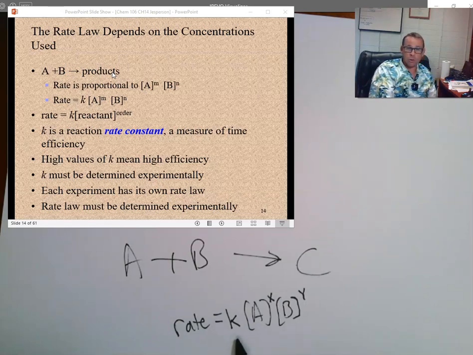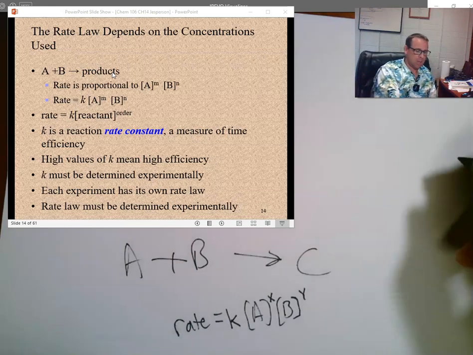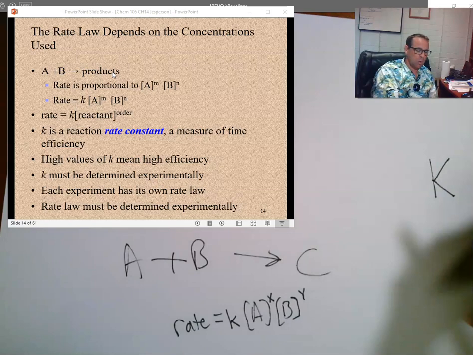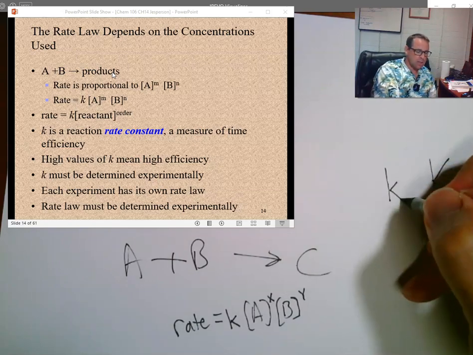Now, for future use, I'd like to bring your attention to the shape of this K. It's shaped differently than other Ks. Some Ks look like this, whereas other Ks look like this.